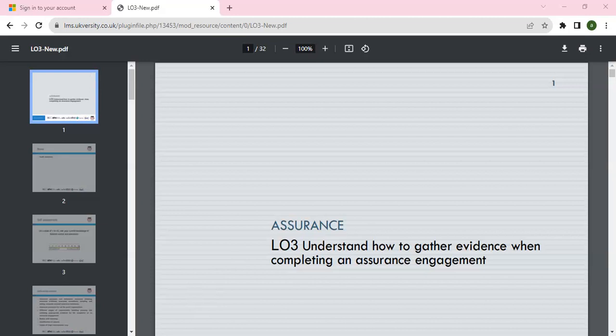Okay, great. Thank you. So today's lesson is lesson 3, which will go through understanding how to gather evidence when completing an assurance engagement. That will be the key in our lesson 3.